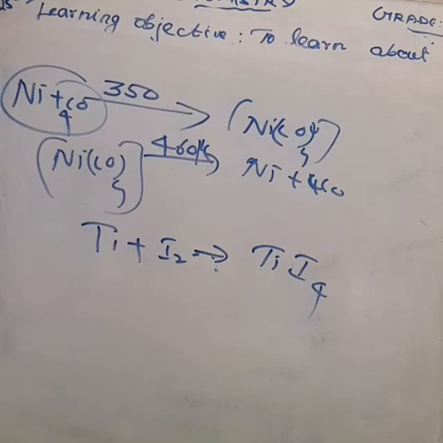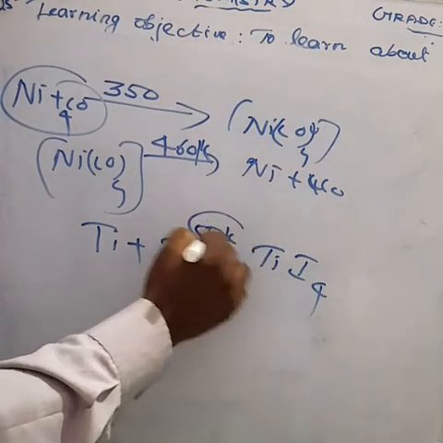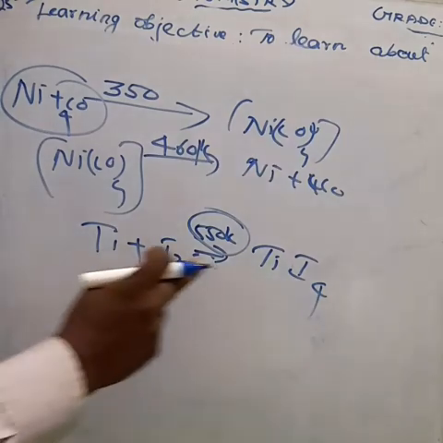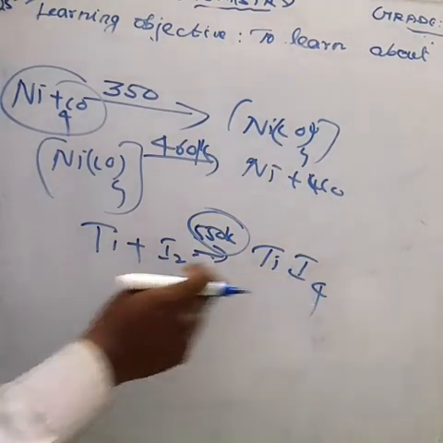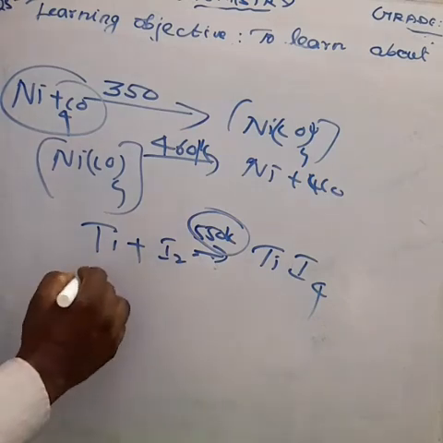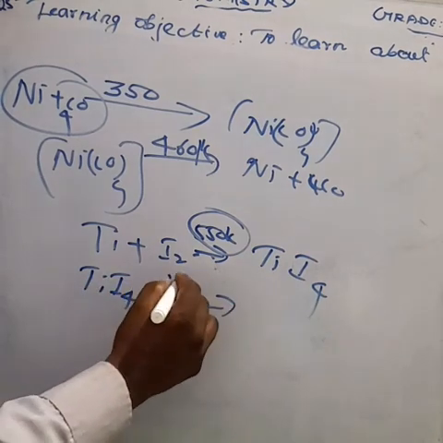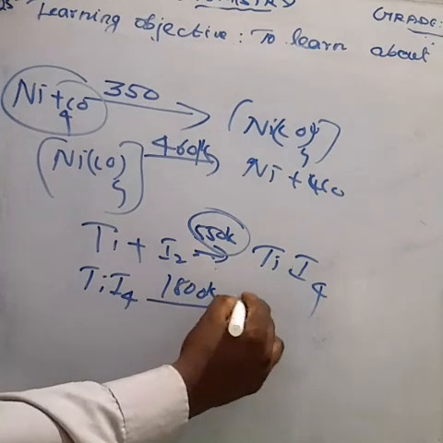So titanium tetraiodide, TiI4, is volatile, easily evaporating. Next, again we heat it; that is a decomposition. The temperature is about 1800 Kelvin. We get titanium and also iodine.